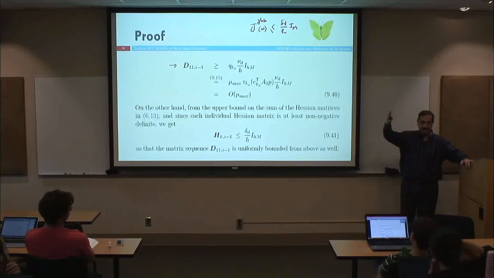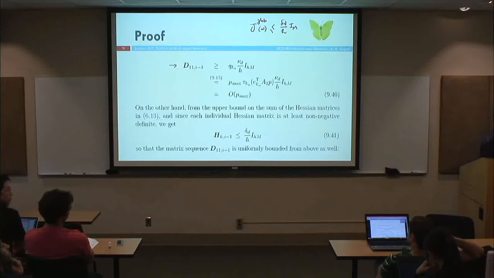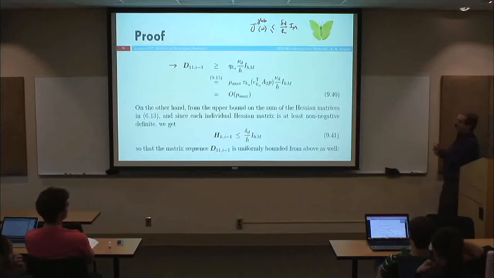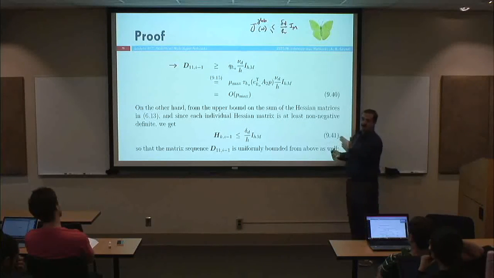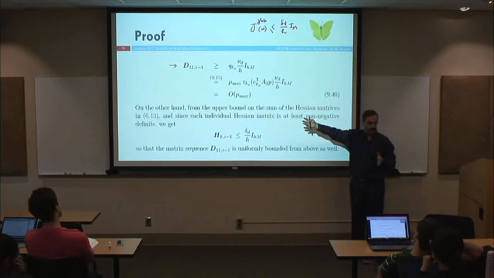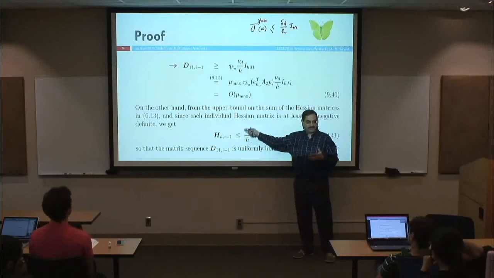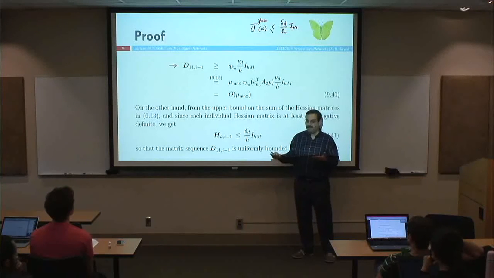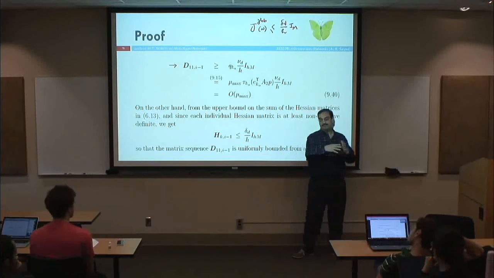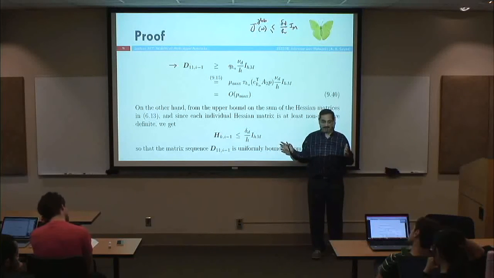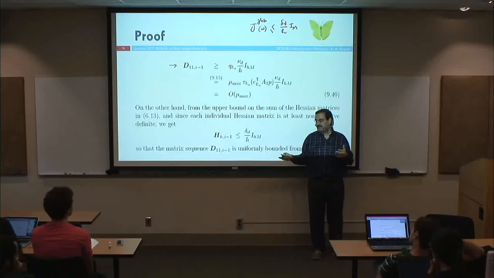Well, if each one of them is bounded from above, and D11 is the sum of all of them multiplied by Q, D11 will also be bounded from above by the sum n times of this times the Q's, and each Q is of the order of mu, then D11 will also be bounded from above by a quantity of the order of mu.